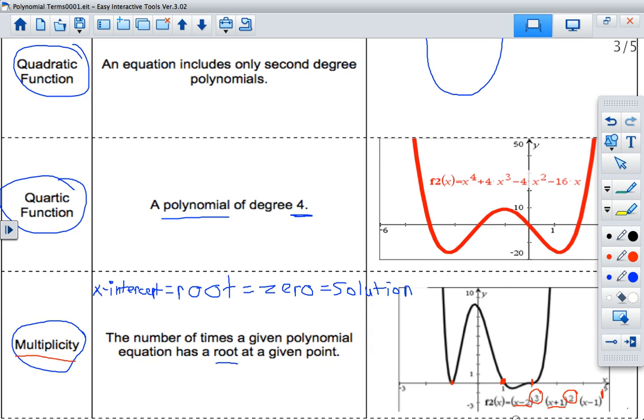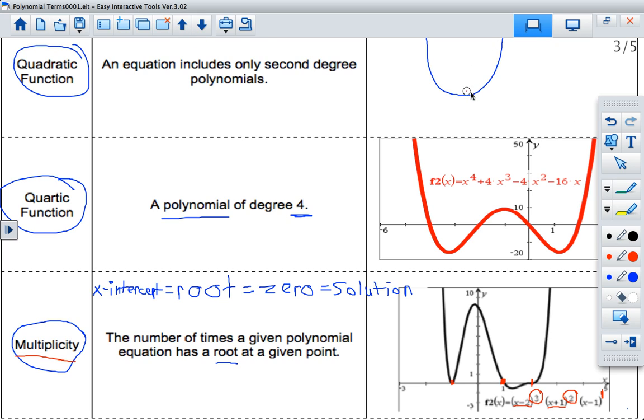Now this one is factored, so I don't really know what my degree is, but if I count my bends, I have 1, 2, 3, and 4 bends. So the degree has to be 5 or higher. And this one actually has a degree of 6, which works.